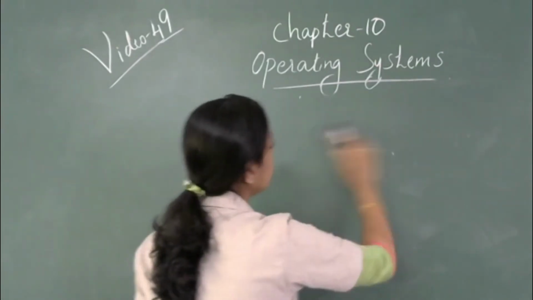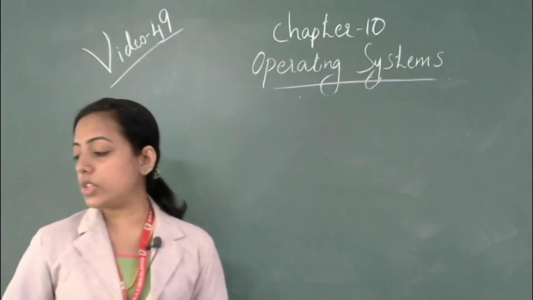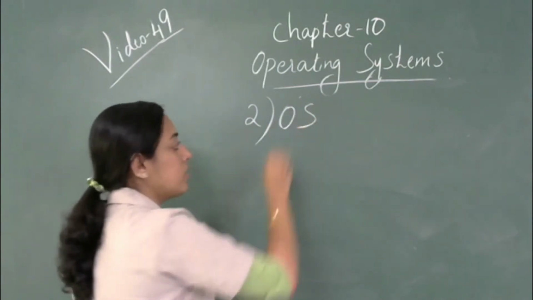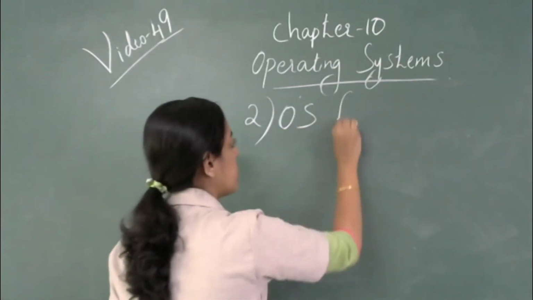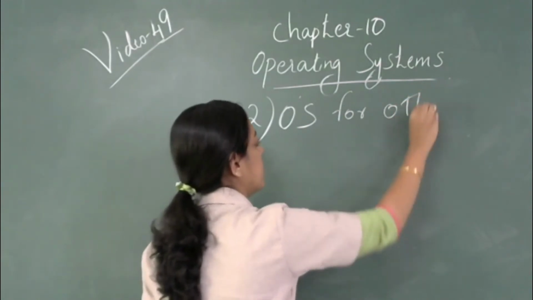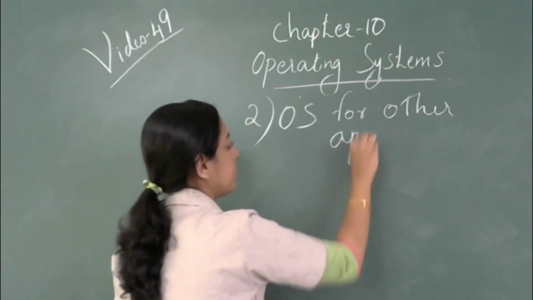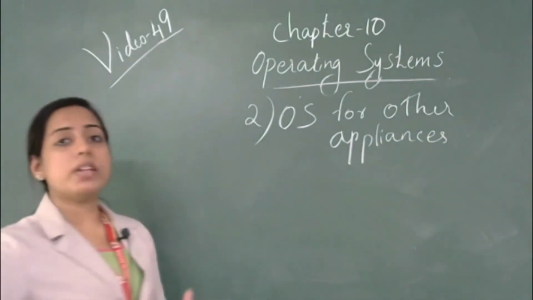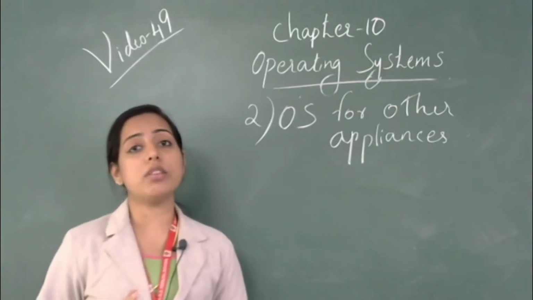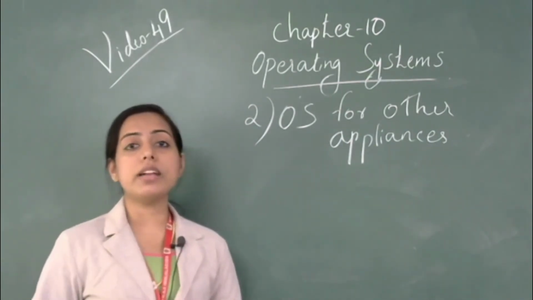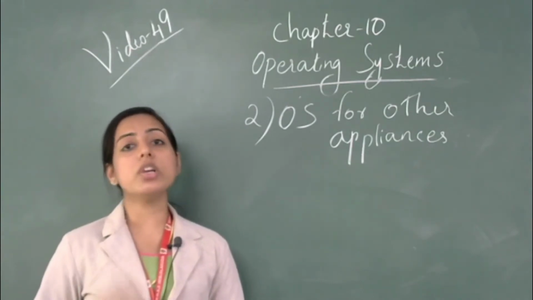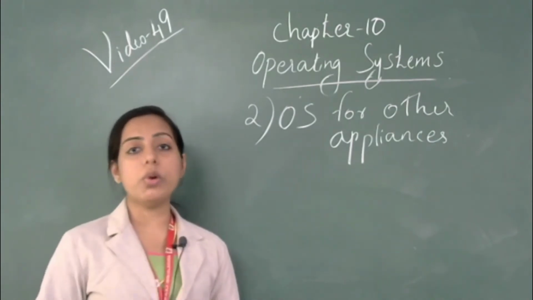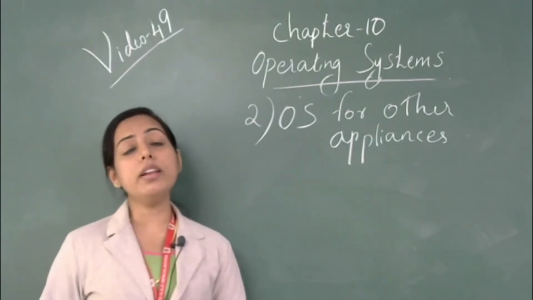And the second topic which we are going to discuss in today's session is operating system for other appliances. Operating system, short form OS, for other appliances or mobiles. Before that, I have mentioned that GNU Linux is free software and anybody can access that source code and modify it. Many people accessed this GNU Linux source code, changed it and distributed it under another name.